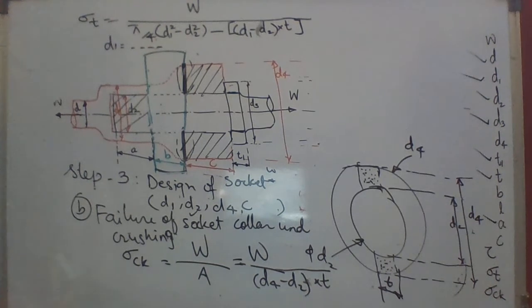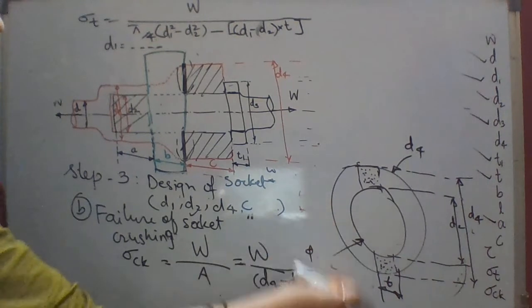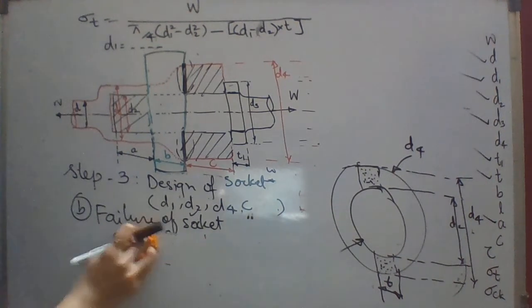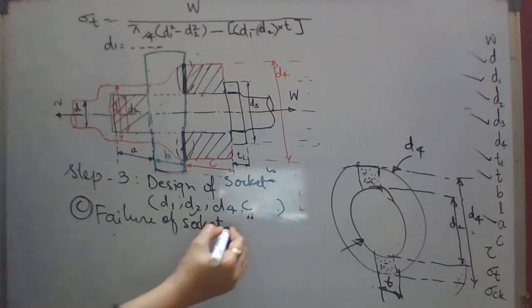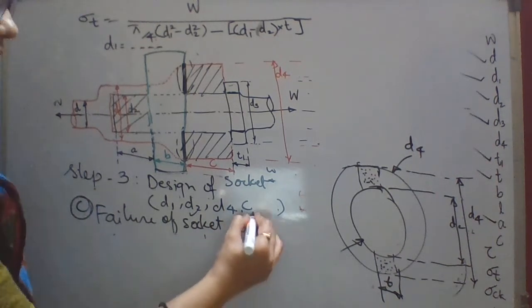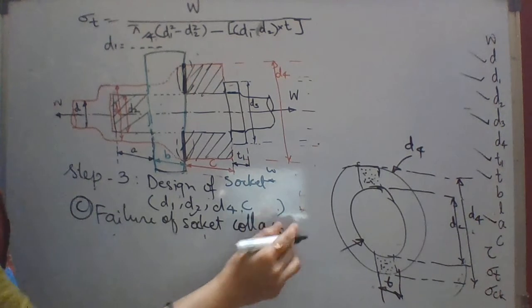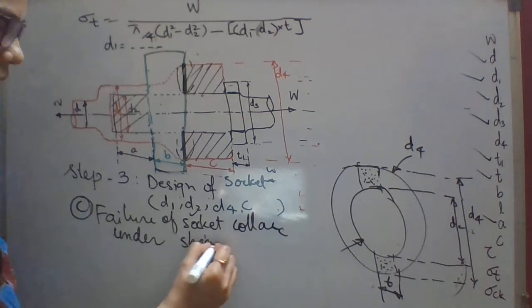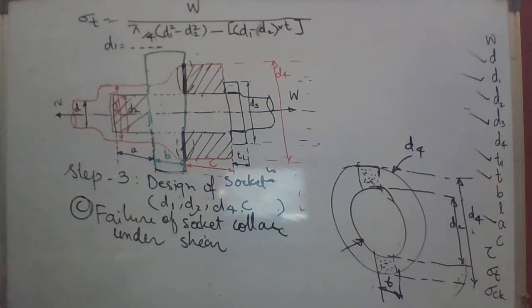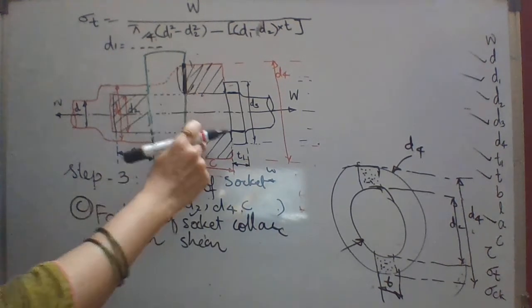So we'll give the next heading, failure of socket under shear. See, failure of the socket collar side, so we'll write socket collar, under shear, and this is also an example of double shear, double shear at 2 places.